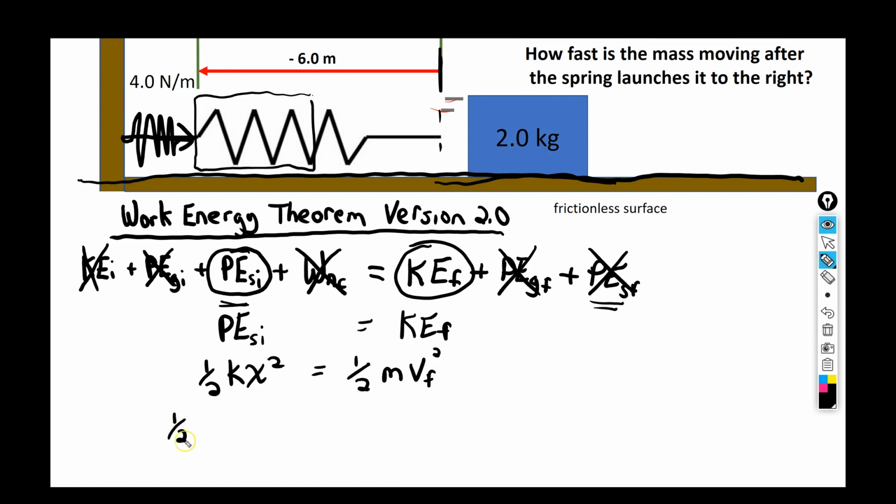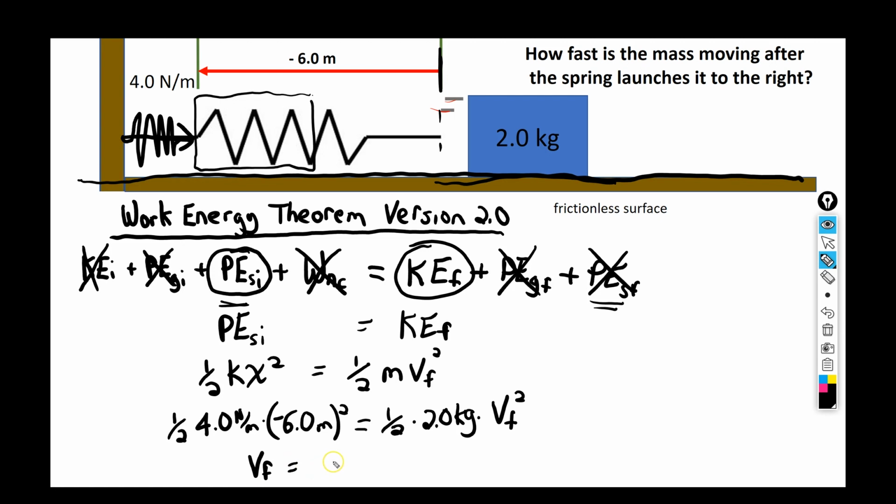So 1/2 times 4 newtons per meter times -6 meters squared equals 1/2 times 2 kilograms times the final velocity squared. And when you solve that, lo and behold, you get the same answer you got before, 8.5 meters per second.